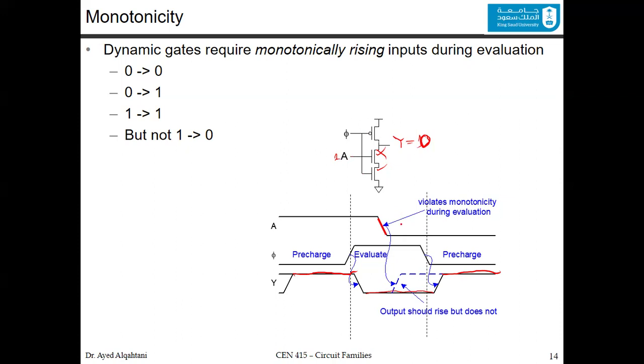This is an inverter. If the input is 0, then the output should be 1, and what you are getting is 0. This is an unexpected result. So it's not an inverter anyway. That's why we don't like the falling in the input.